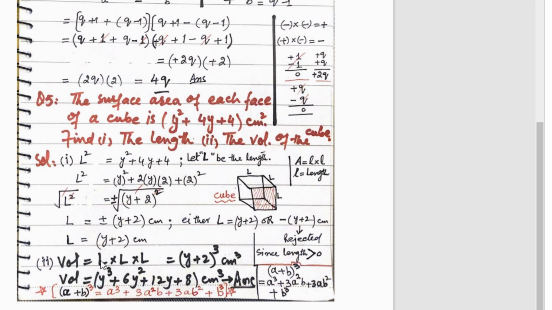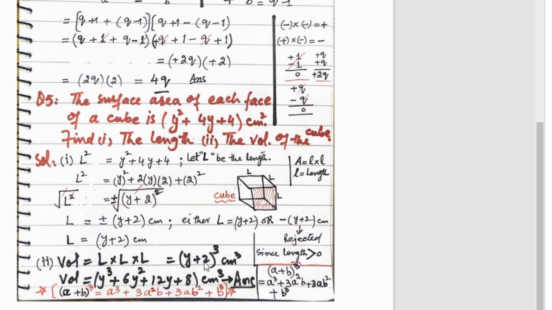Volume can be written as L into L into L, meaning L cube. There are three lengths in volume. Now what is L? Y plus 2 is the length of one side of the cube. So y plus 2 is being multiplied 3 times, meaning power 3 centimeter cube. We will write down volume like this.